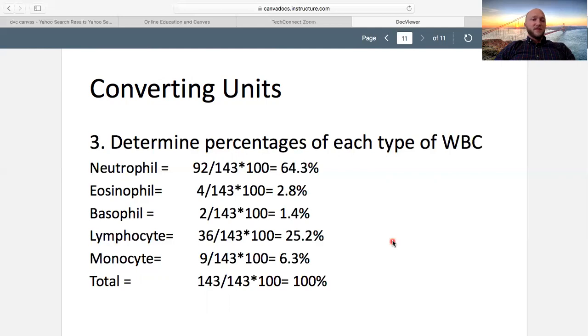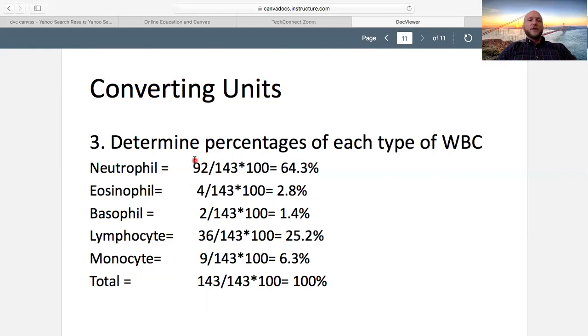But this is something that I had done a month ago. So what percentage of your white blood cells are neutrophils? What percentage of your white blood cells are eosinophils, and so on? So how do we calculate this? Well, the problem gives you the number of neutrophils counted, the number of eosinophils counted, the number of basophils counted, the number of lymphocytes counted, the number of monocytes counted. Well, you're calculating a percentage of the whole. So you need to figure out what is the whole first.